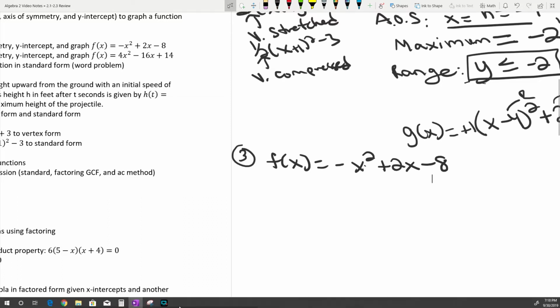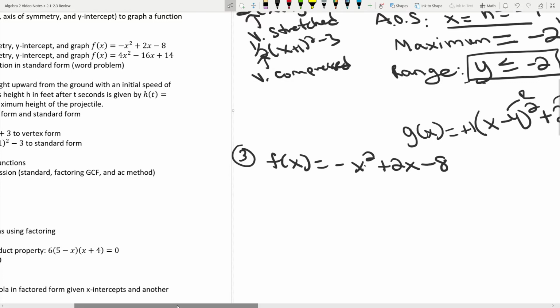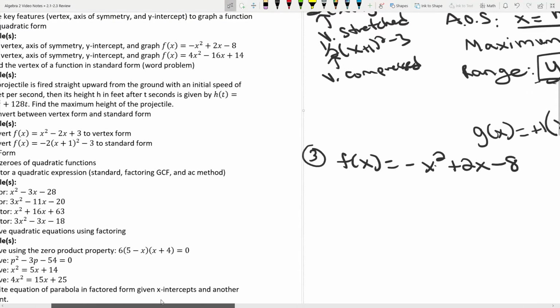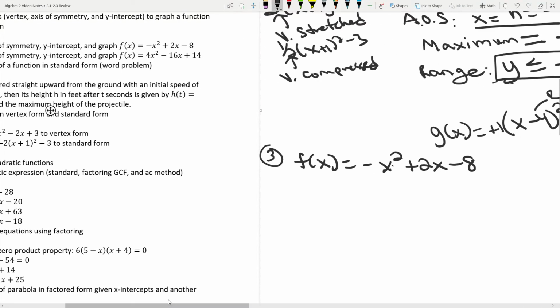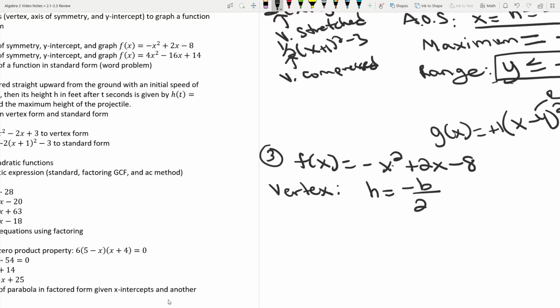So first things first, they want us to find the vertex. Right now we know this is standard form. If we wanted to find the vertex, that's going to be our coordinates (h, k). So we need to find the h. To find h, we're going to be using this formula: x or h is equal to negative b over 2a.